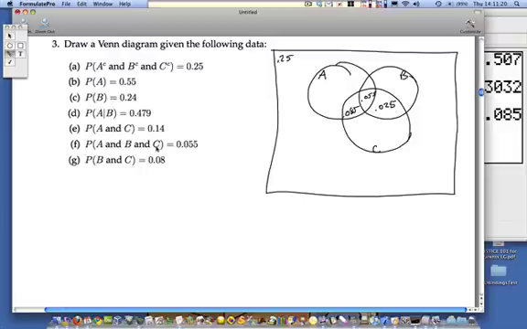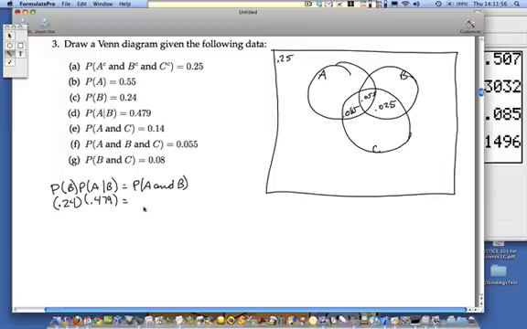Okay, next part. We need to find A and B, but we don't have A and B here. We do have, however, the probability of B times the probability of A given B. That, by definition, is equal to the probability of A and B using the multiplication rule. 0.24 times 0.479 is equal to 0.11496.